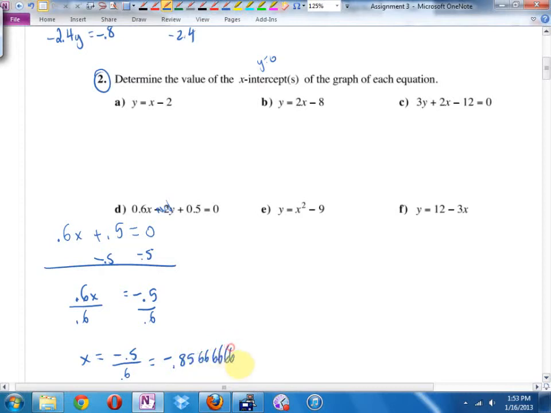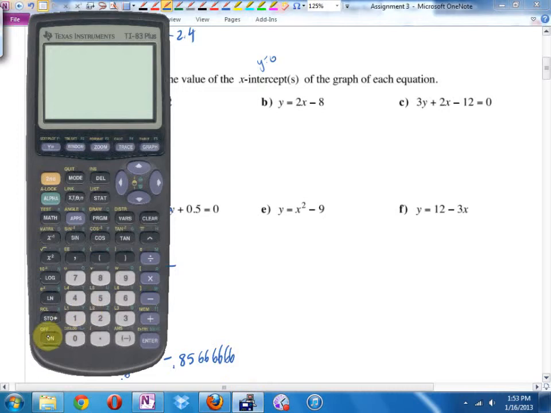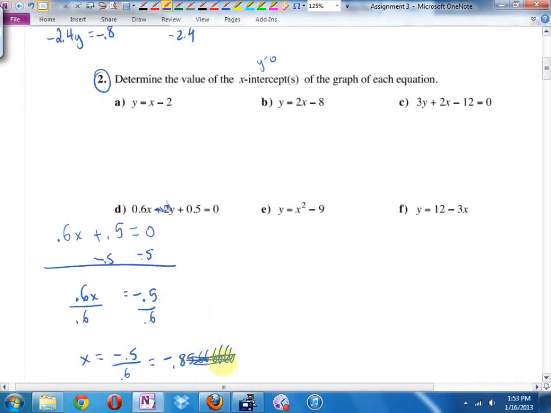Is that right? I'm going from memory here. Negative 0.5 divided by 0.6. 8 threes, Mr. Duick. Threes. I couldn't remember the fraction. What was it? 0.833. Is that okay? Yeah? Okay.